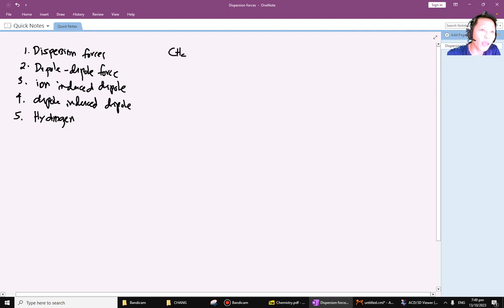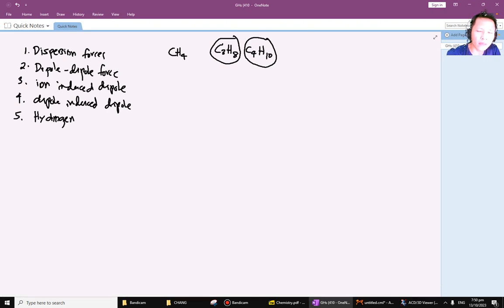Of course, if you have a tank of CH4 or a tank of LPG, which is C3H8 and C4H10, this one is a nonpolar substance, and this one also is a nonpolar substance. Of course, there are a lot of them in LPG. So the only force between them, nonpolar with respect to nonpolar molecule, is intermolecular. That's why we call them intermolecular, because it's a molecule versus a molecule. What is the force in between them?